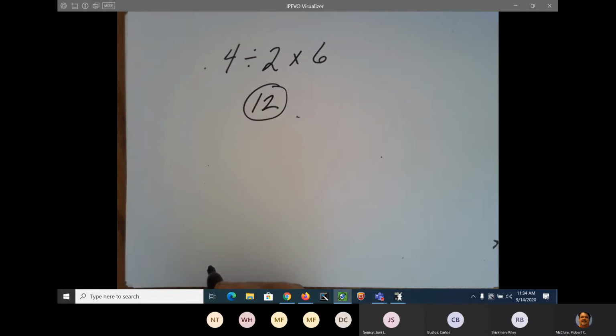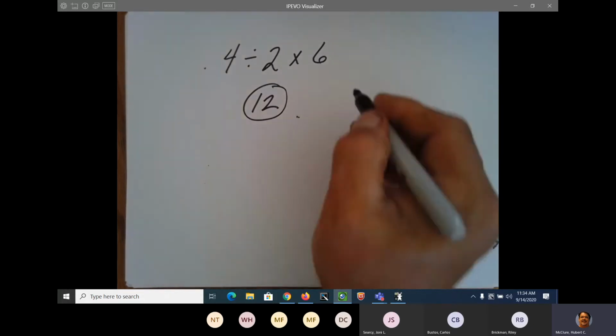If you follow the age-old, please excuse my dear Aunt Sally, you're going to do 2 times 6, and that's 12, and 4 divided by 12 is 1/3.